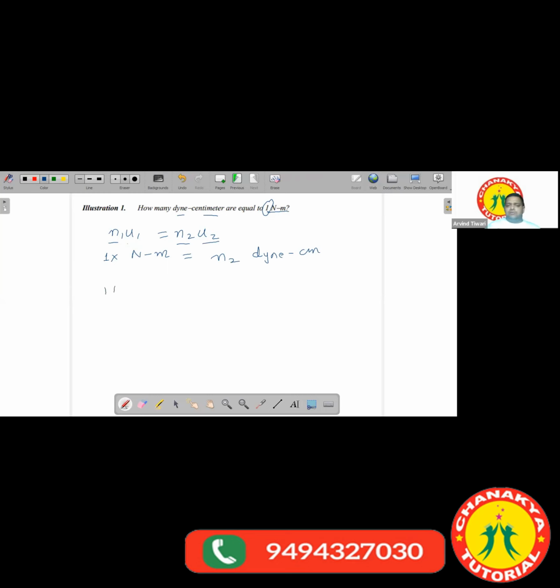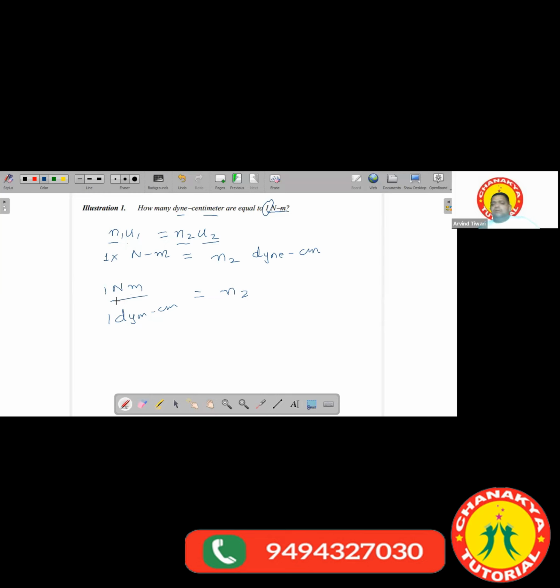So it will be 1 Newton meter divided by 1 dyne centimeter equal to N2. Now I want the units to cancel each other so that finally your answer will be just a number. So either you convert Newton to dyne and meter to centimeter, or dyne to Newton and centimeter to meter. Both ways you will get the correct answer.